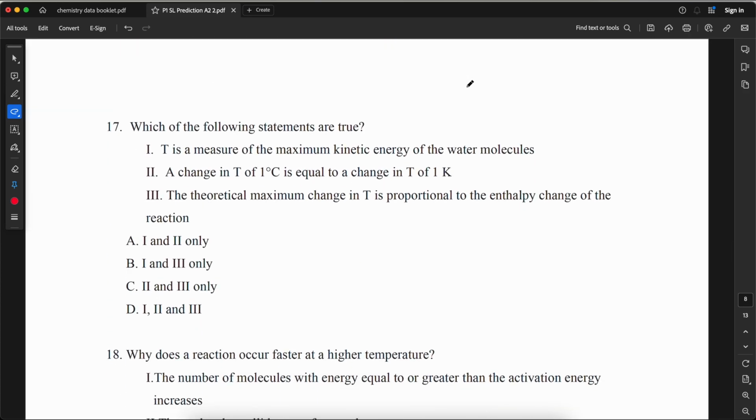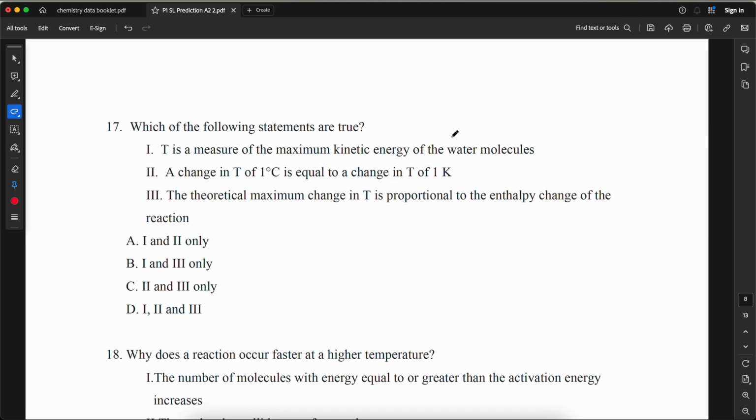Which of the following statements are true? Temperature is a measure of the maximum kinetic energy of the water molecule. Okay, so the kinetic energy of a molecule in a material can keep increasing as it gets hotter.